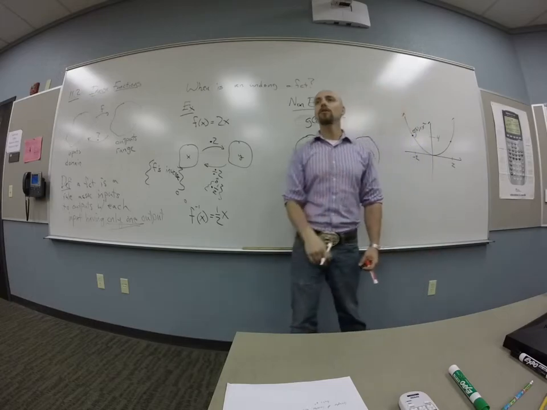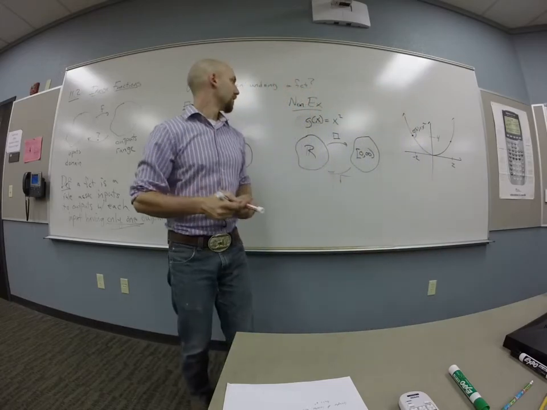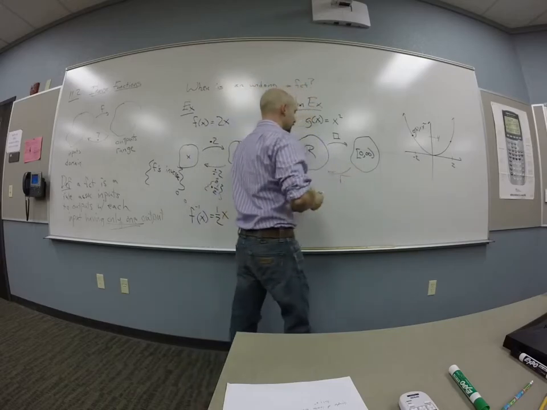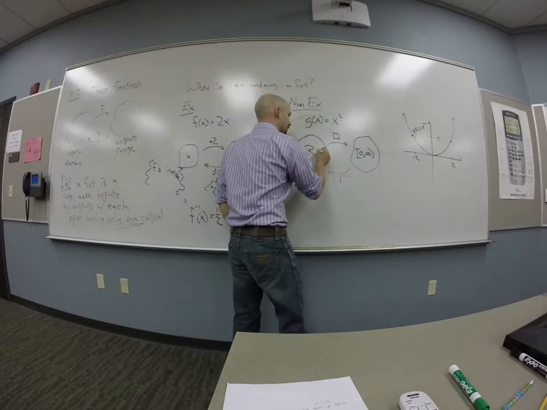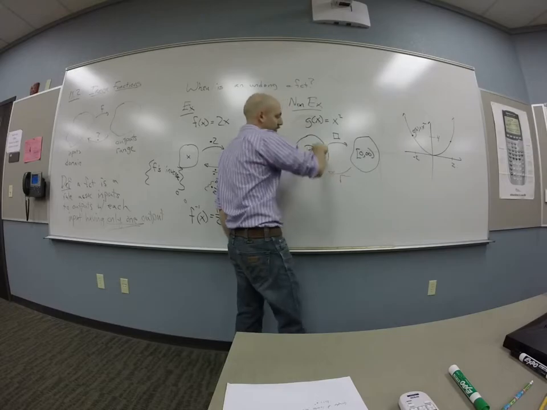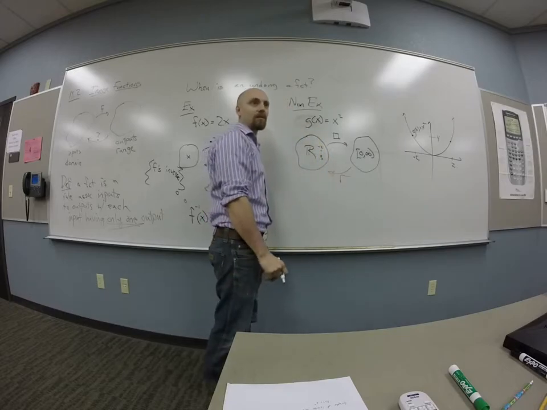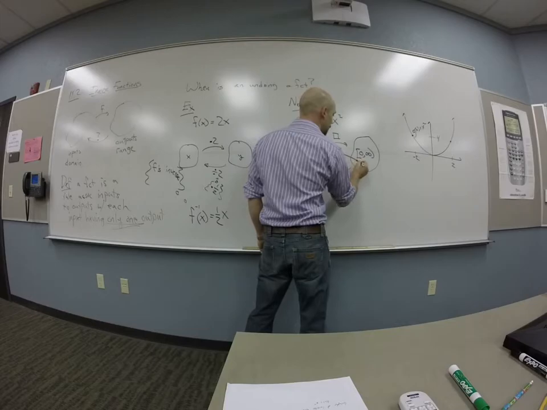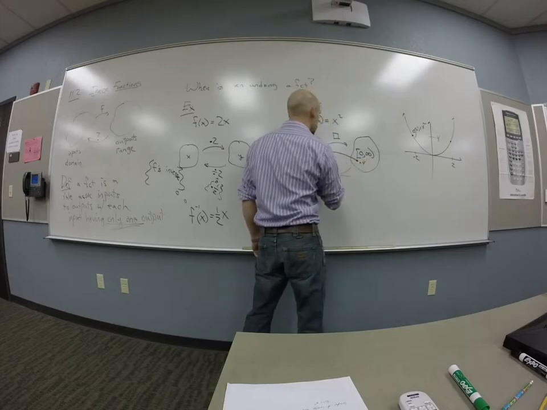So if I'm going to undo this rule, -2 and 2 live over here in the domain. When I square them, they go to the same place over here in the range. They both go to 4.